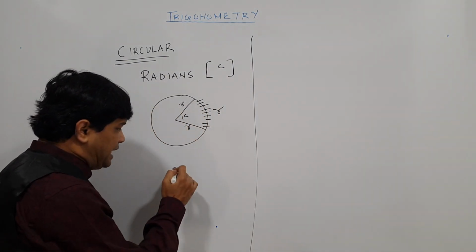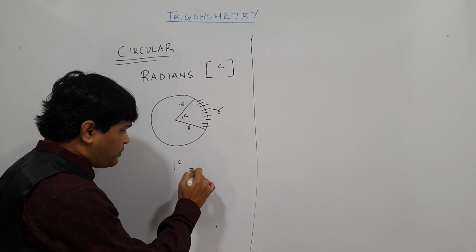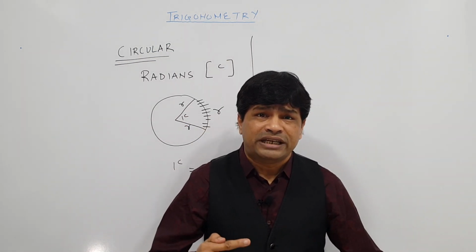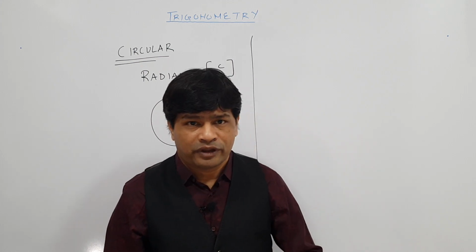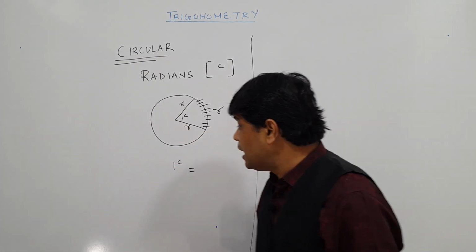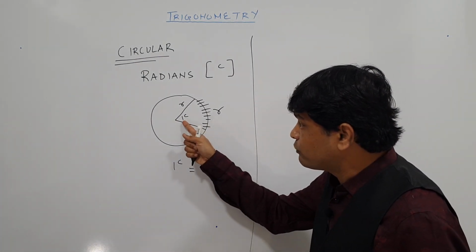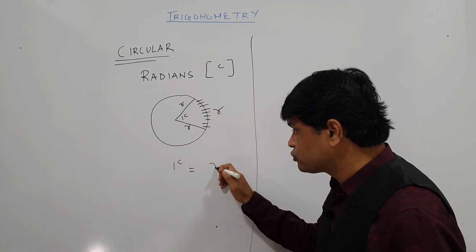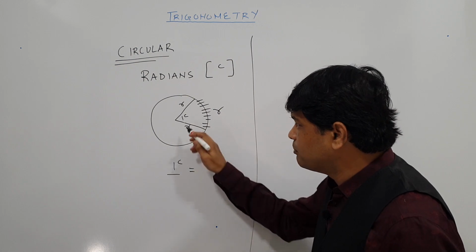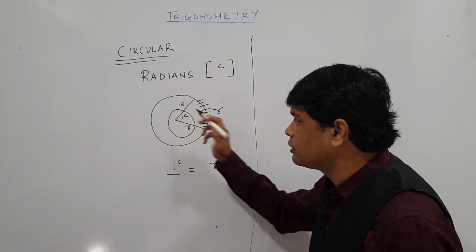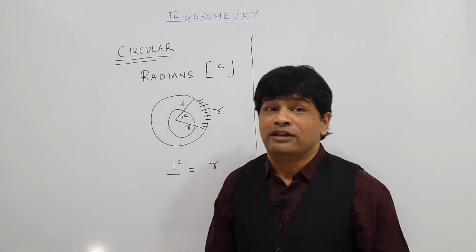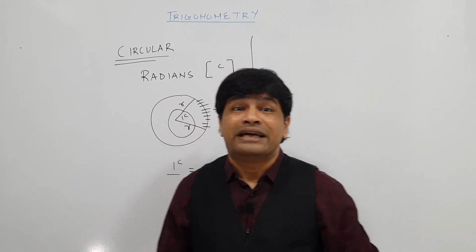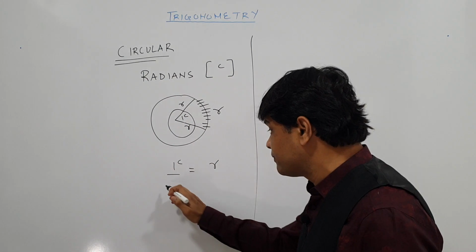The angle subtended at the center is always proportional to the corresponding arc. When I consider the arc subtended by 1 radian, it is equal to the radius of the circle. Now I complete one full circle, which means the angle subtended at the center is 360 degrees.